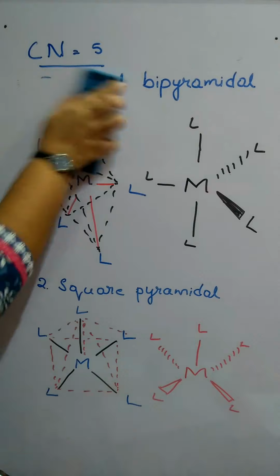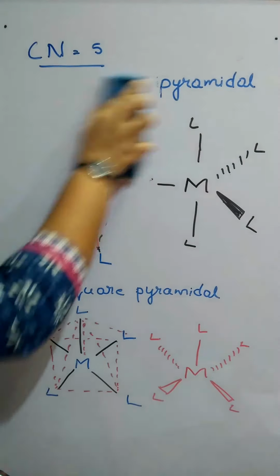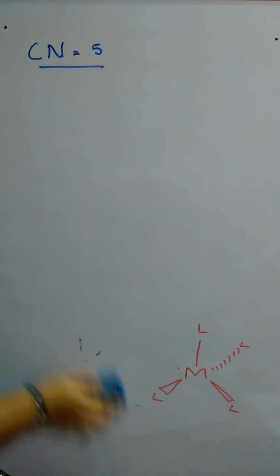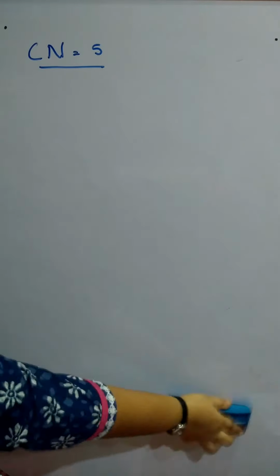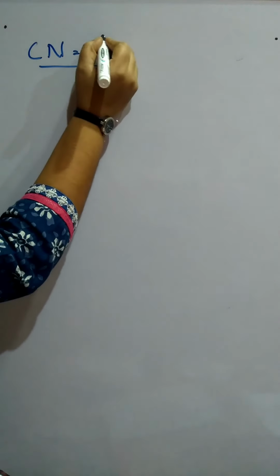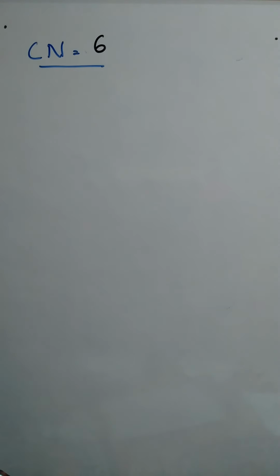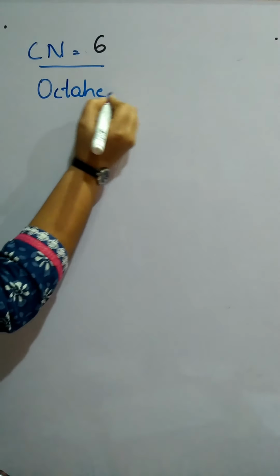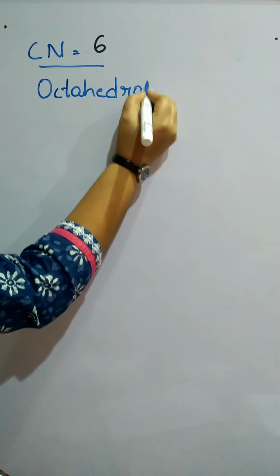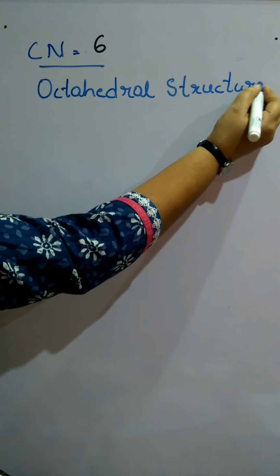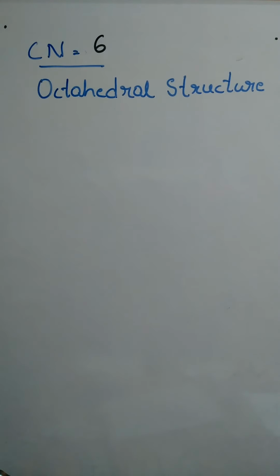If coordination number is 6, it is going to form an octahedral structure. With coordination number 6 there is only one possibility, the octahedral structure.